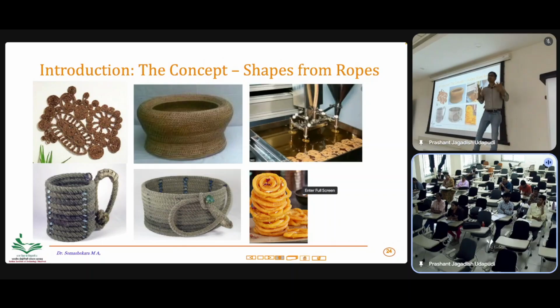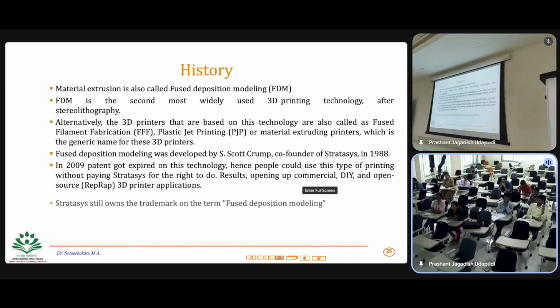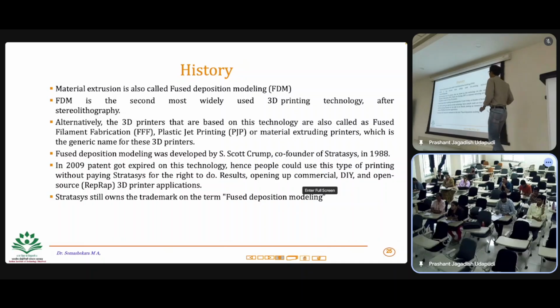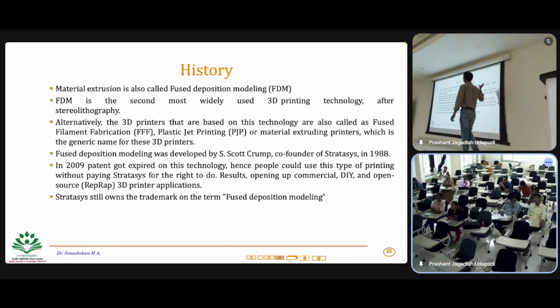That is how material extrusion actually works. As for the history, I will not spend more time, as we have already discussed in the previous class that this was the third technology, and the second when it comes to polymer-based technology, right?